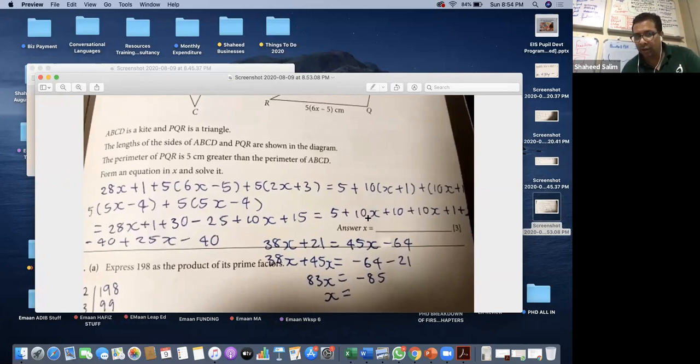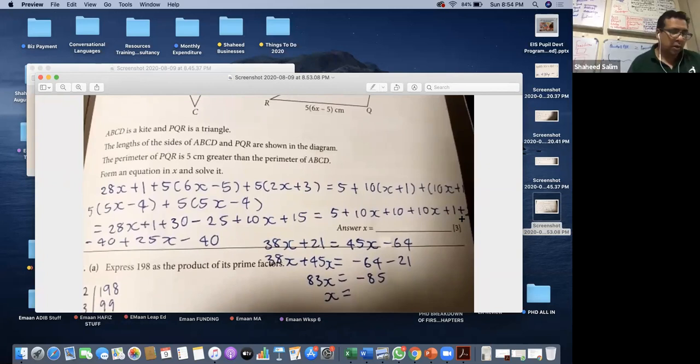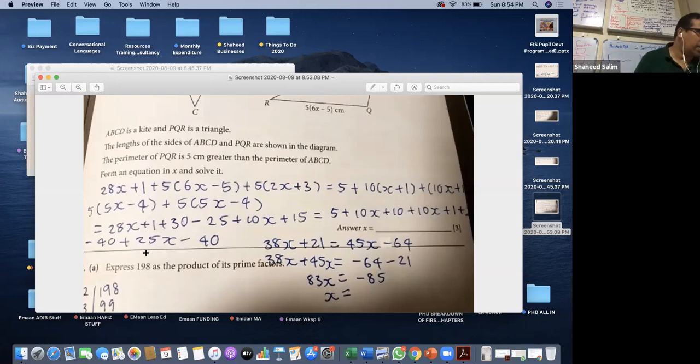This one is correct. 10x plus 10, 10x plus 1. Is it 10x plus 1 and plus 2? Plus 1 plus 25x, and then minus 40 plus 25x. Why do you get 40?